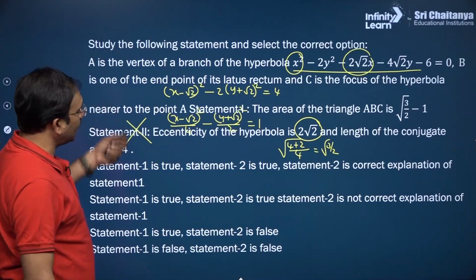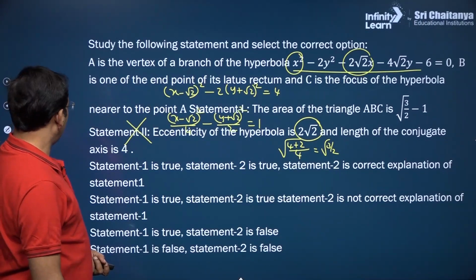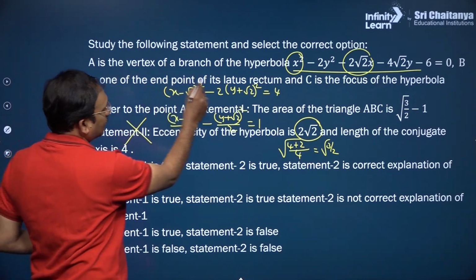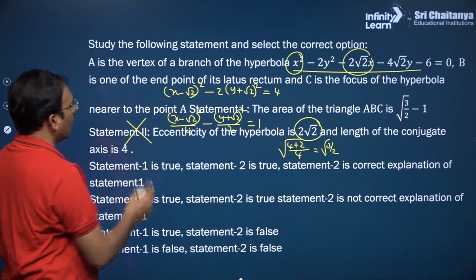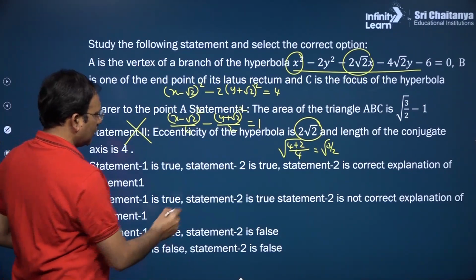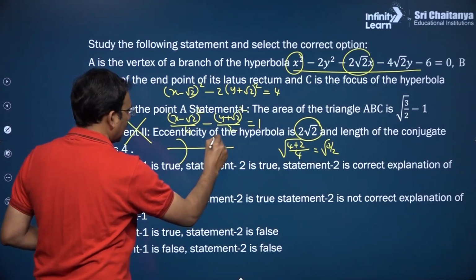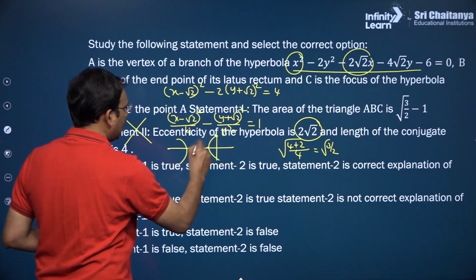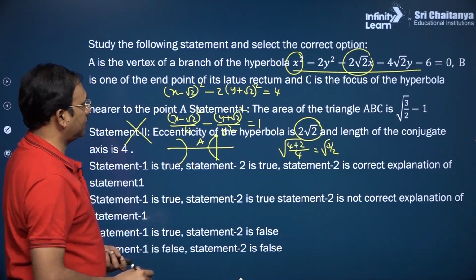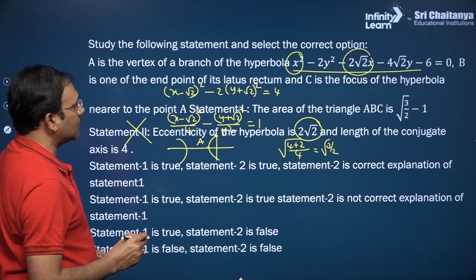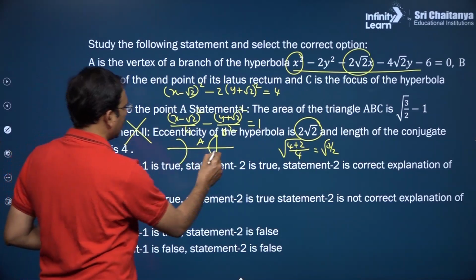Now, statement 1: A is the vertex of the branch of the hyperbola, B is one of the ends of its latus rectum. You see, for this hyperbola, A is the vertex, the latus rectum end is B, and he said one of the end points of the latus rectum, and C is the focus of the hyperbola near to the point.